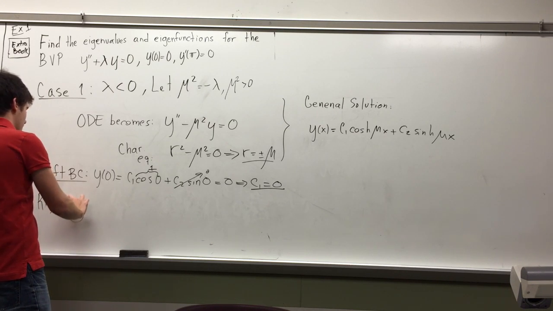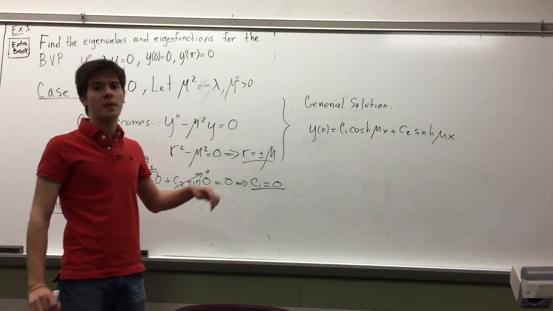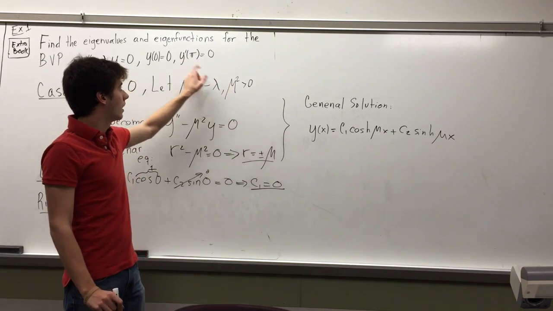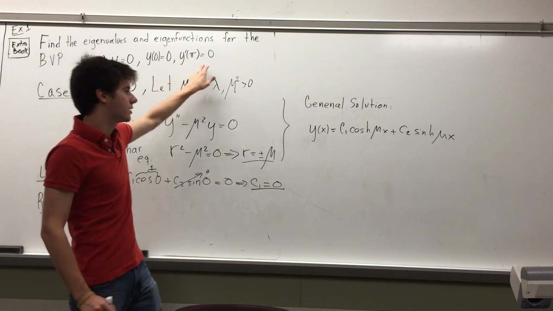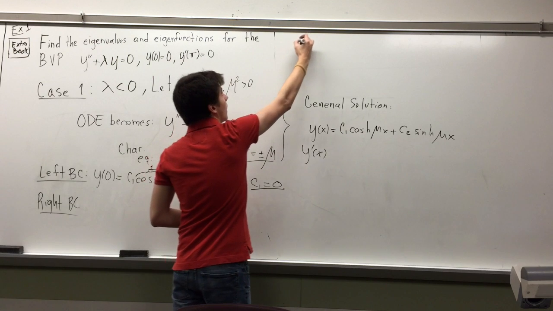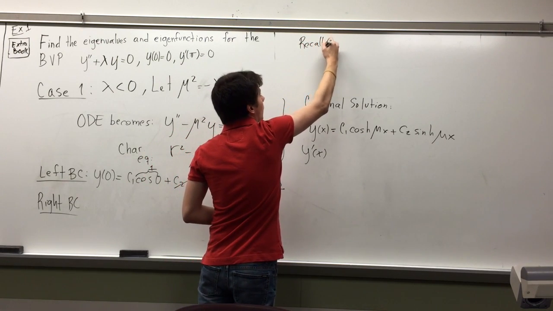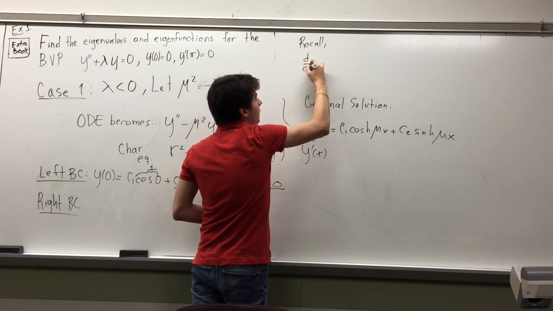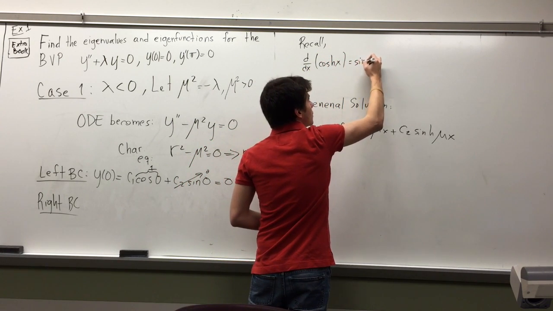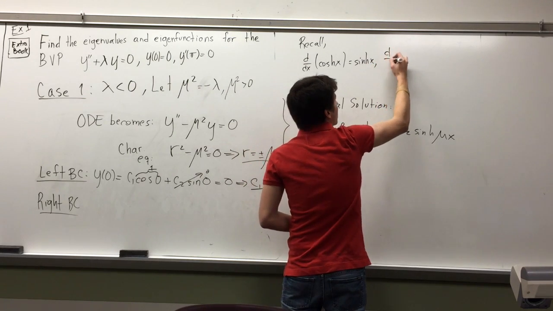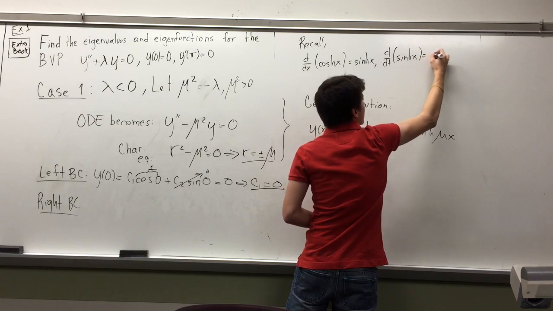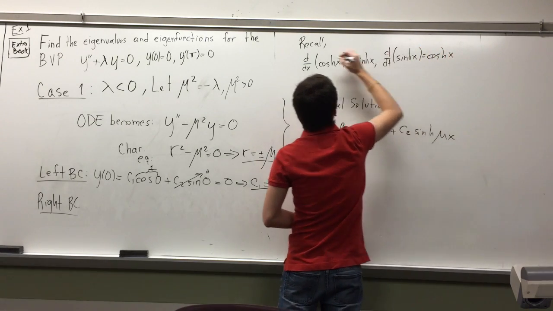What about our right boundary condition? Well, our right boundary condition says that we need to differentiate our general solution, because it's y prime of pi is equal to 0. So if we differentiate this, first recall that the derivative of cosh of x is sinh of x, and that the derivative of sinh of x is equal to cosh of x.